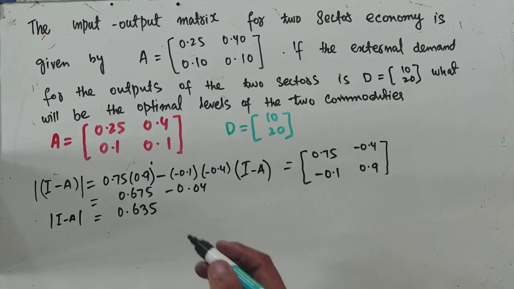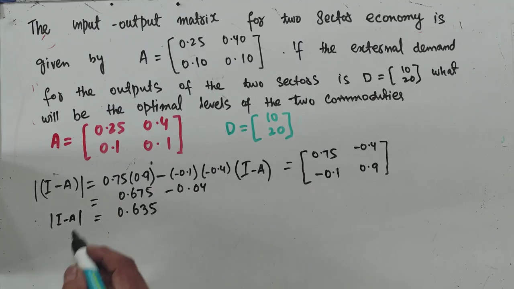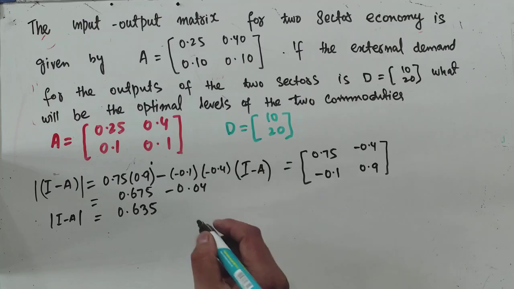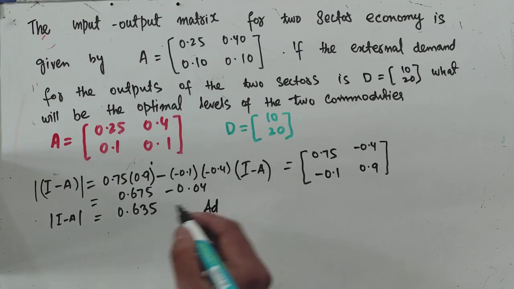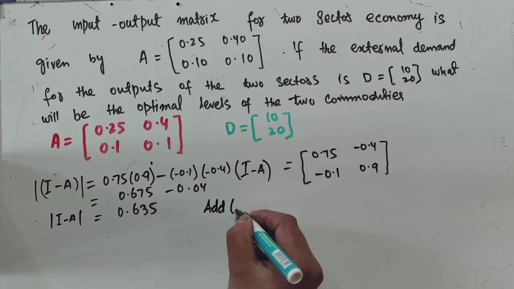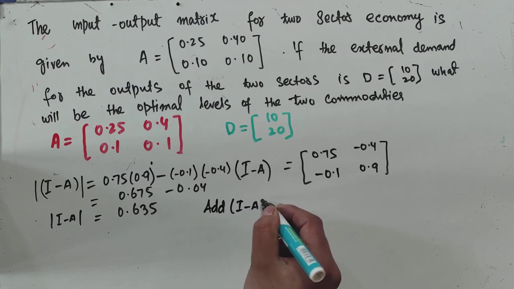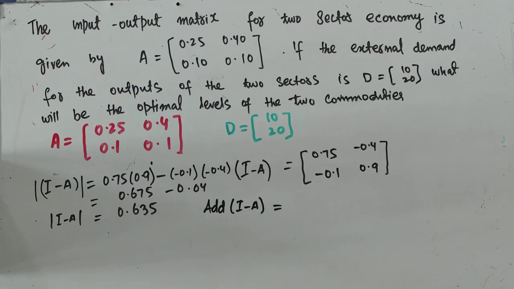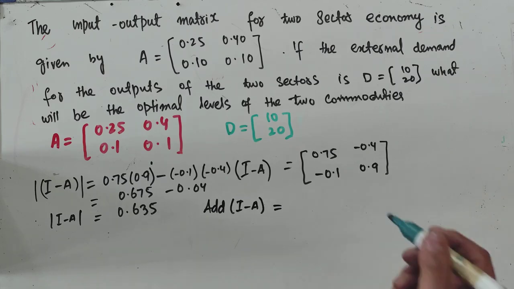Next step will be to find the inverse of this matrix. For that, first we need to find the adjoint of this matrix, the adjoint of the Leontief matrix I minus A. So how do we form the adjoint in the case of 2 cross 2 matrices?